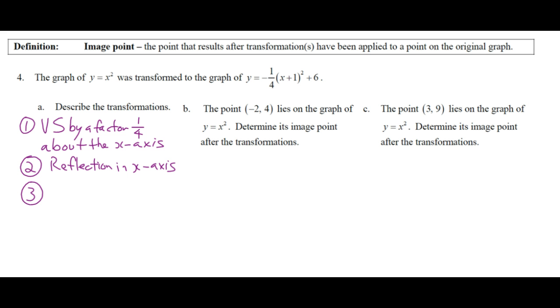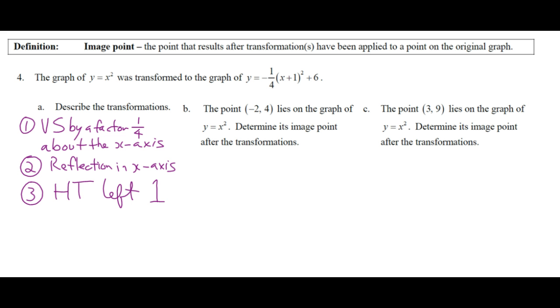Number 3. Translation. Which one do you want to do first? Horizontal. I always do horizontal then vertical, because that's what you come to first. You're going from left to right, you come to the horizontal first. So it's an HT. Which way? Left. How much? 1.